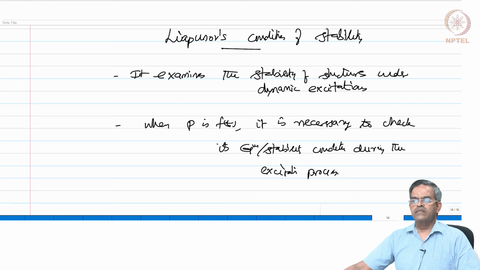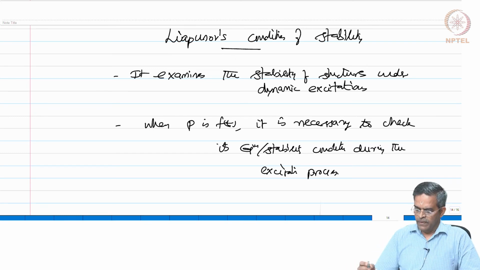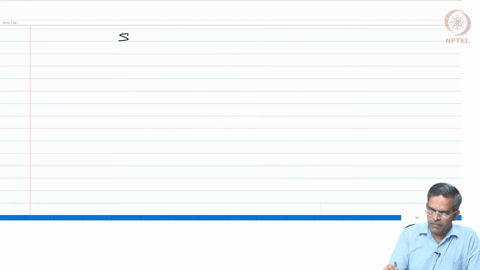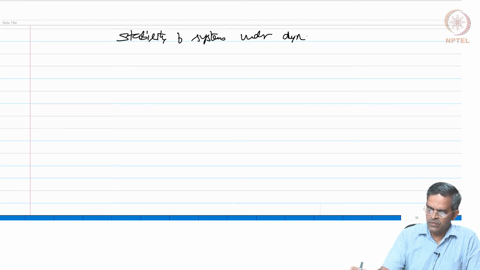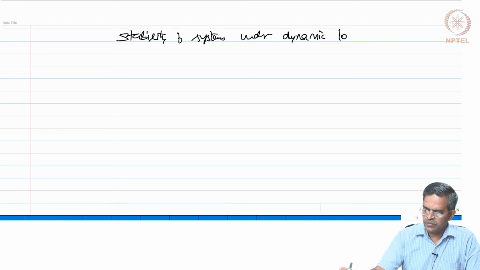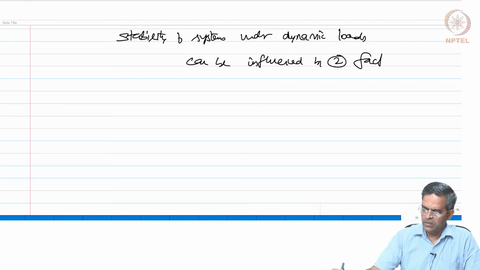As seen in the literature, stability of systems under dynamic loads can be influenced by two factors.